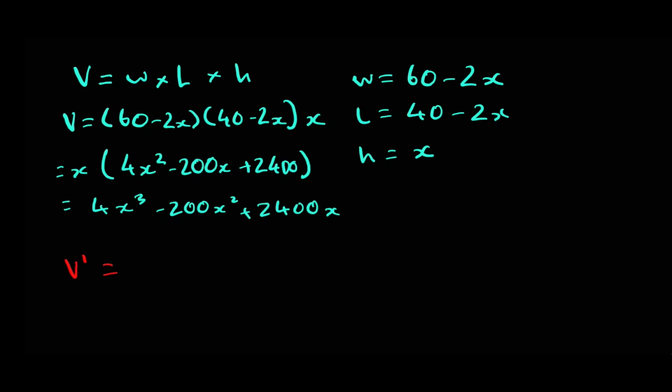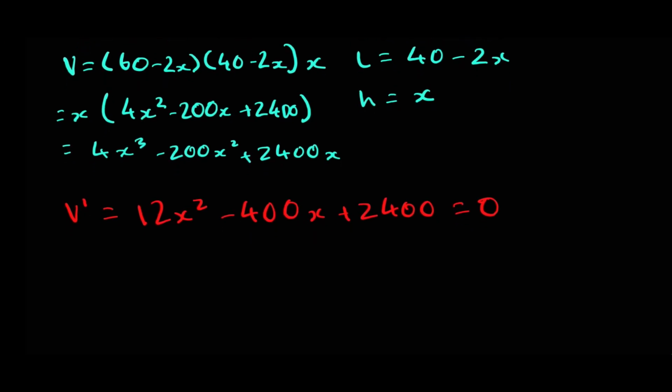Alright, so differentiating the volume, we get 12x squared minus 400x plus 2,400. And then we can set it to 0, and we can solve for x using the quadratic formula. So x is going to equal negative b plus or minus root b squared minus 4ac over 2a.